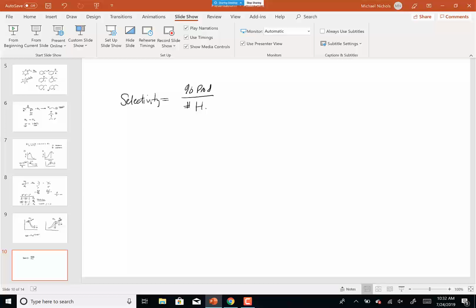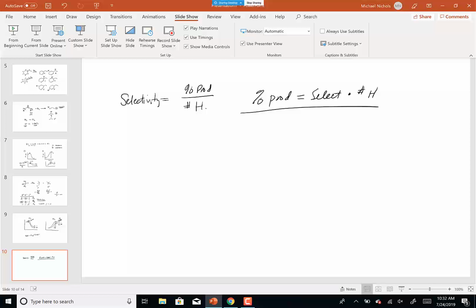Now what I want to do is calculate percent product. So my equation is going to say the percentage of the product is going to equal the selectivity times the number of hydrogens.